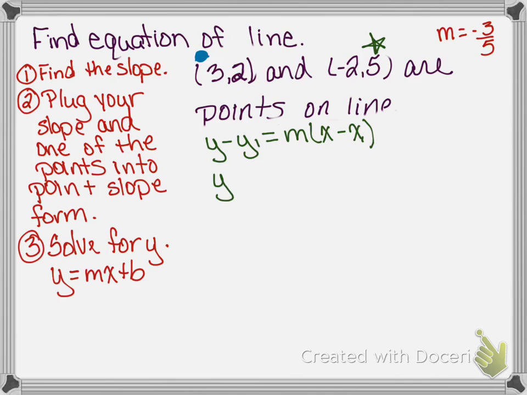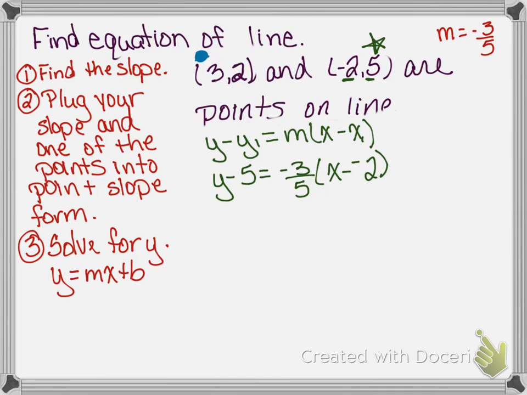So y minus 5, because 5 is my y value of this point, equals my slope, x minus negative 2, because negative 2 is my x value of this point. What happens to the minus negative 2?